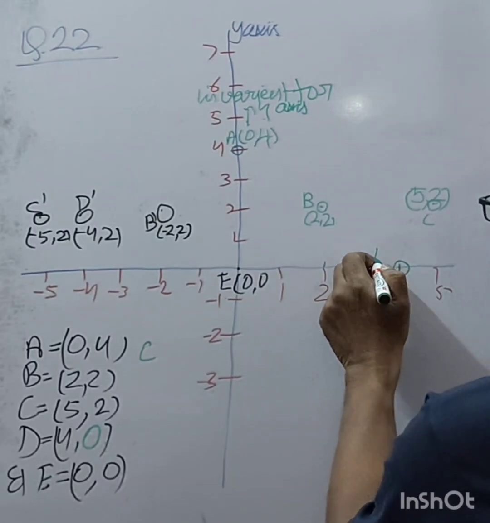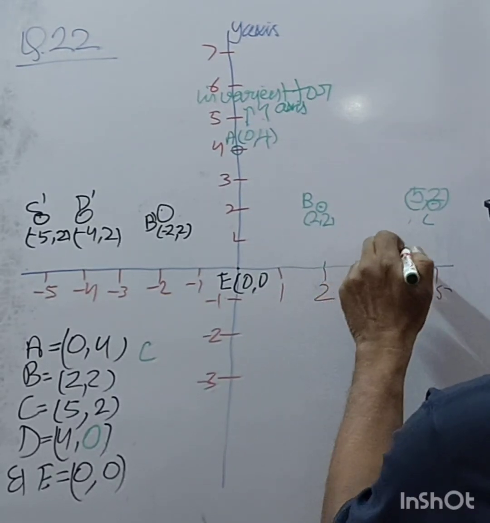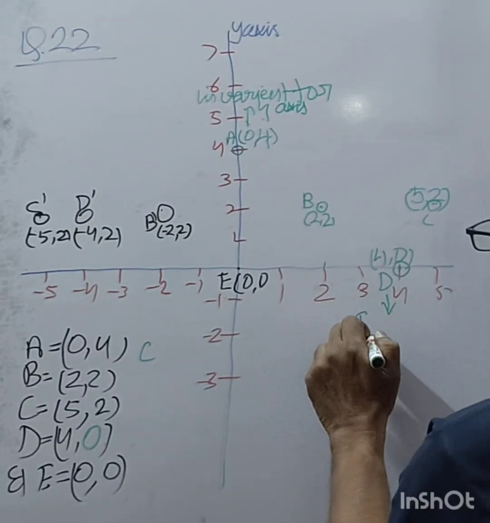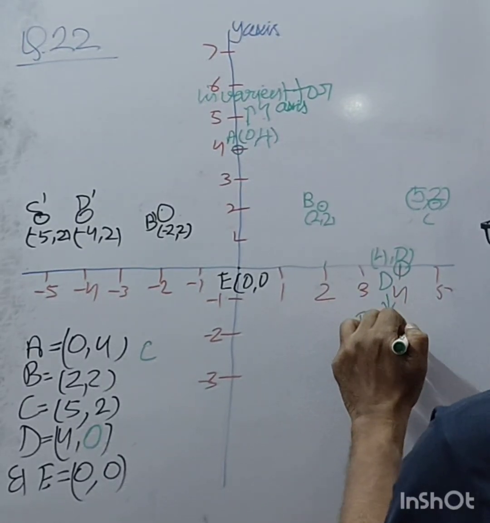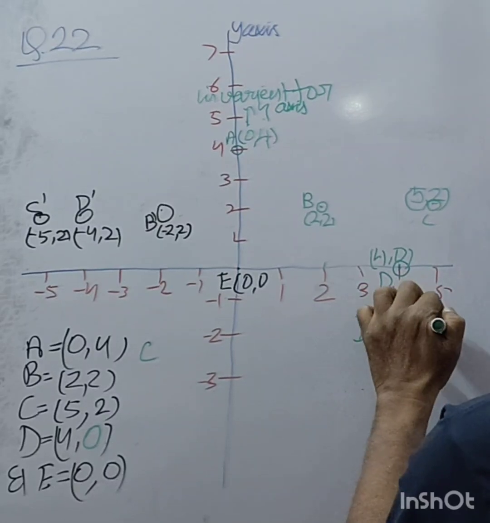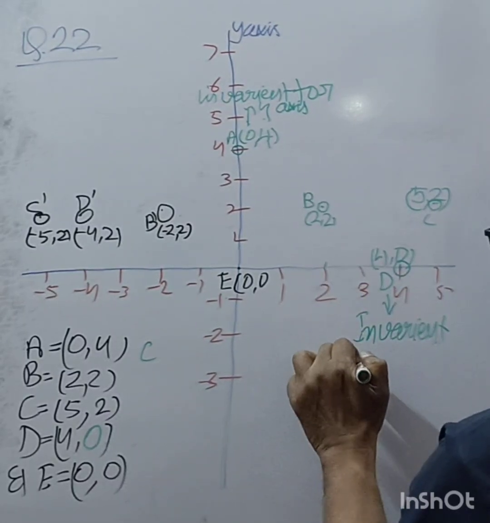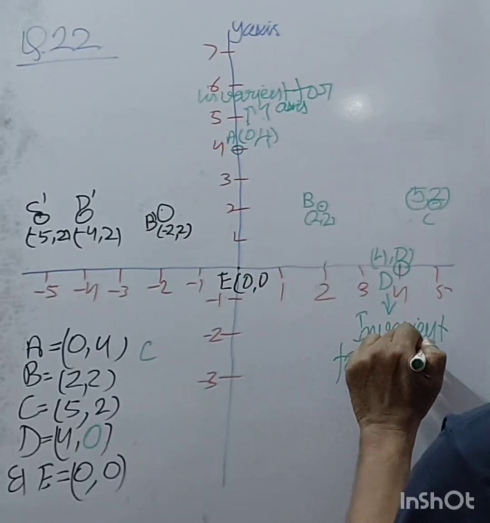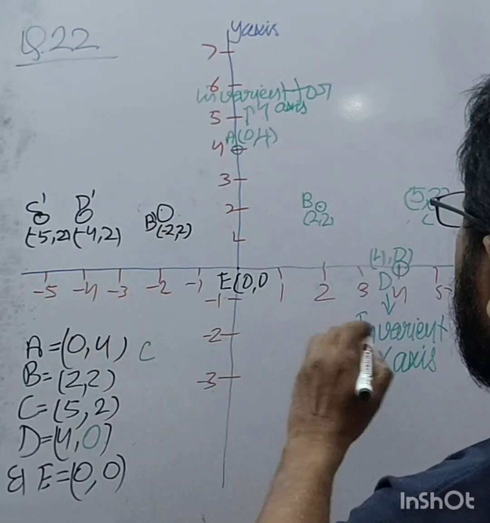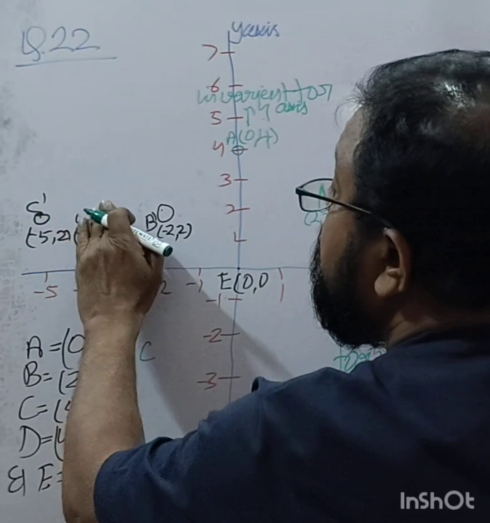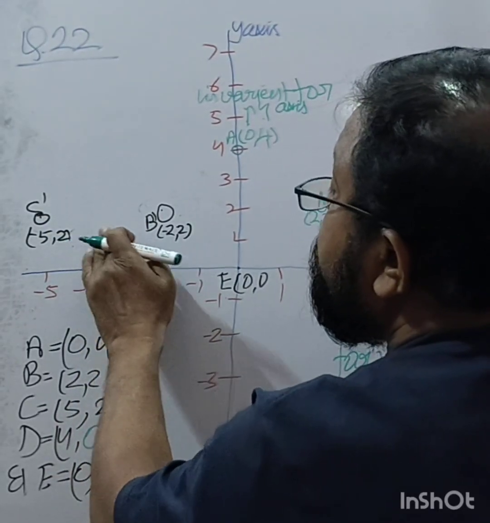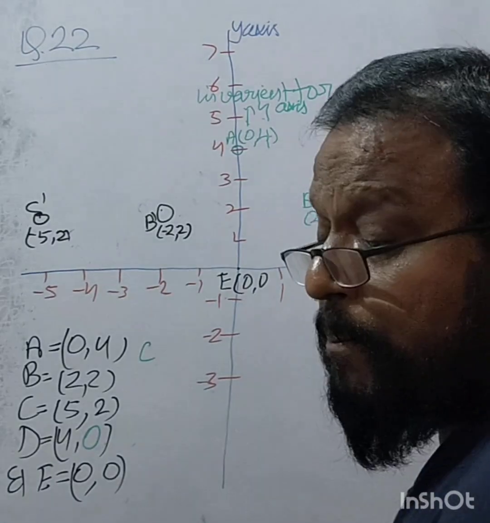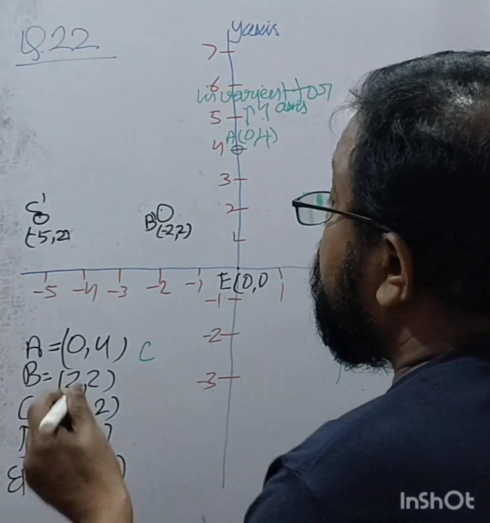This is D. It is invariant for x-axis. For y-axis it becomes minus 4 comma 0.